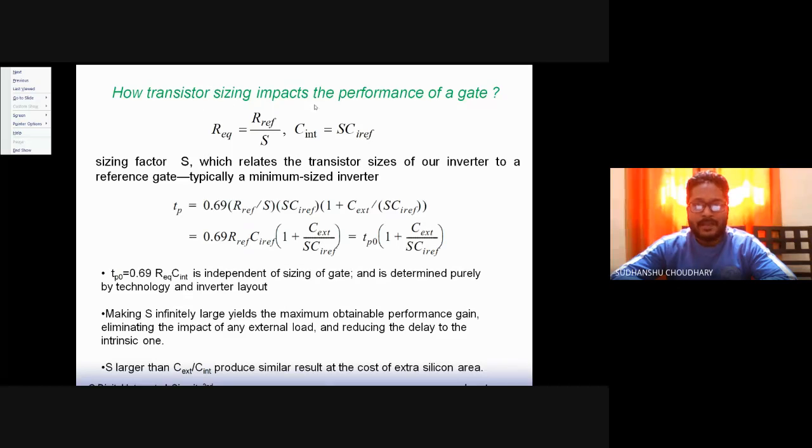Now if you size the MOSFETs, the resistances and capacitances of the MOSFET also change.